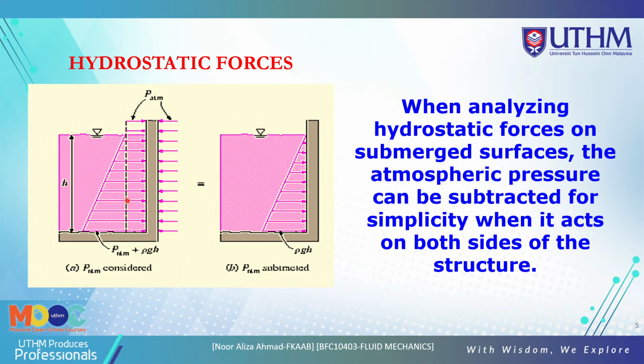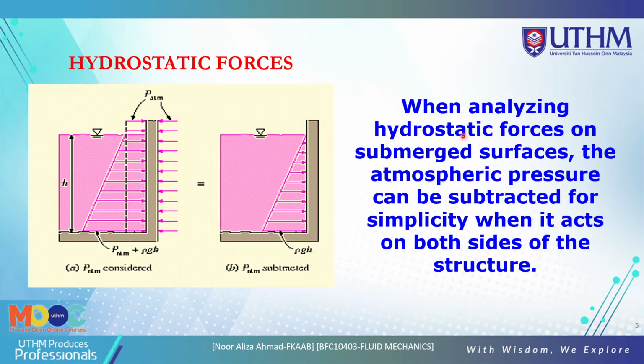To get the pressure at the bottom, we must consider P atmosphere and also the gauge pressure in this liquid. When it is submerged, there is no P atmosphere, so the hydrostatic force must include P atmosphere and also the gauge pressure in this liquid.